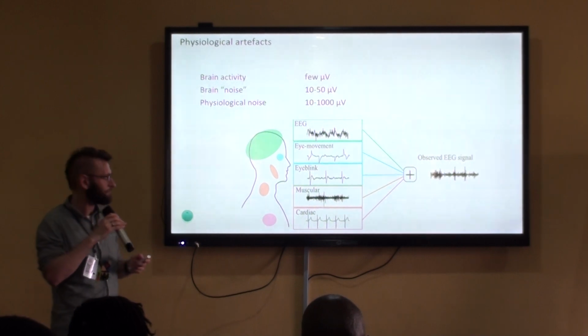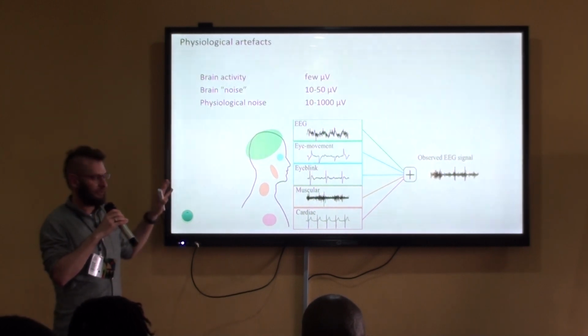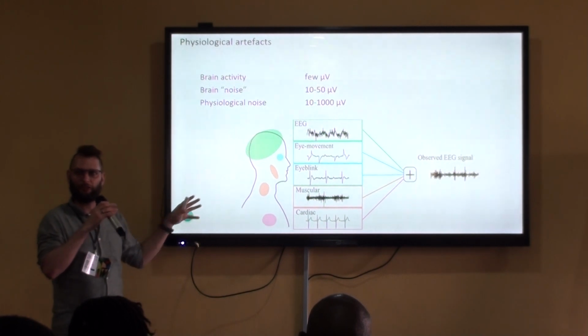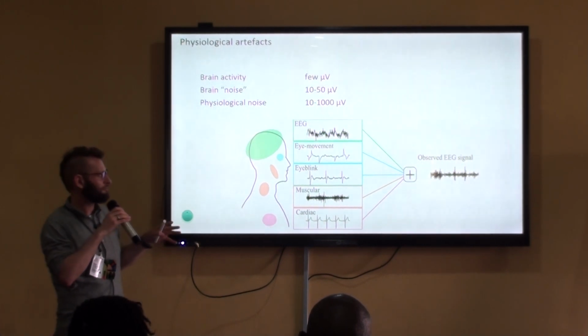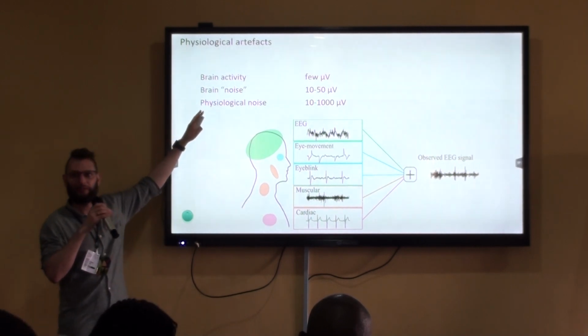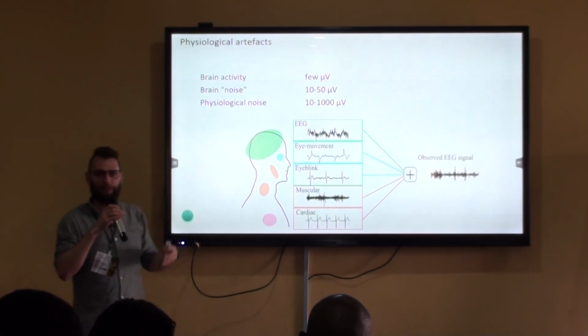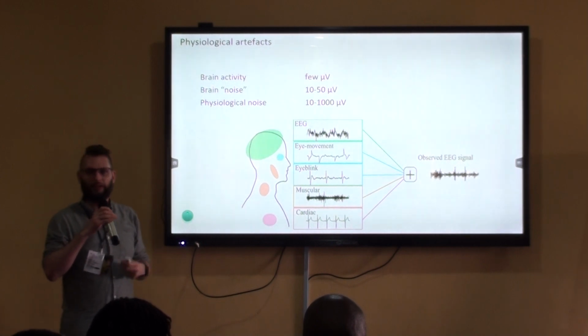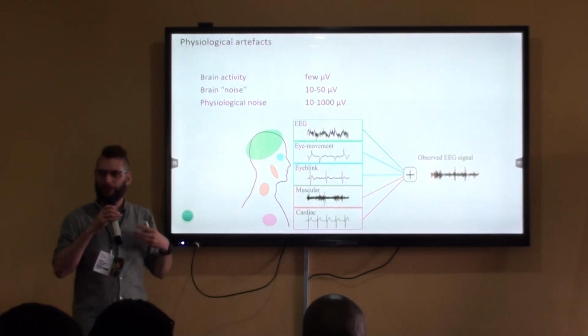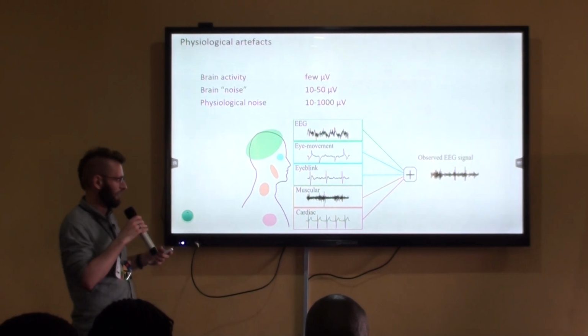So I guess all the practical sessions are just one way or another of figuring out how we deal with this and how we get back to the brain activity, the signal of interest that we are looking at. That is why, when we just see the raw EEG traces, it can be difficult to actually make sense of them. We have to do some processing.